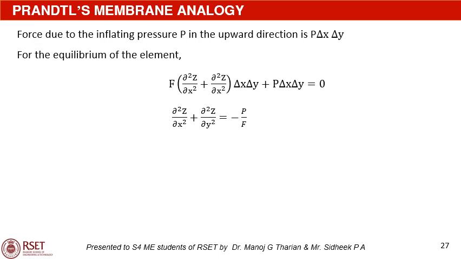For the equilibrium of the membrane element, we should have the net force along the vertical direction equal to 0, which gives F into dou square Z by dou x square plus dou square Z by dou y square into delta x into delta y plus P into delta x into delta y equal to 0, which gives dou square Z by dou x square plus dou square Z by dou y square equal to minus P by F, which is the equilibrium equation for the membrane.